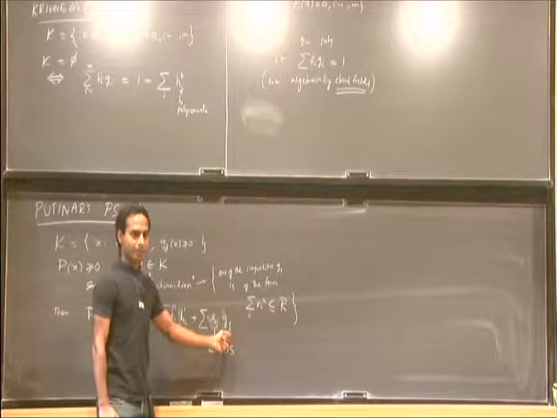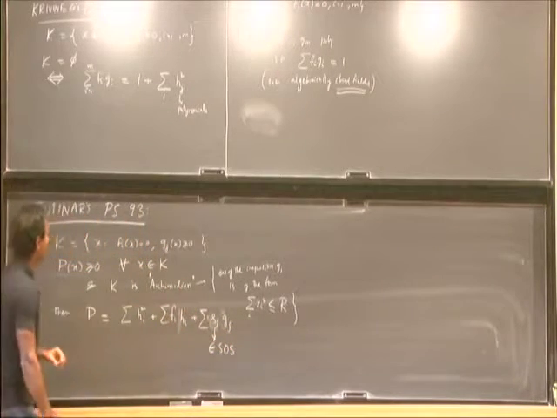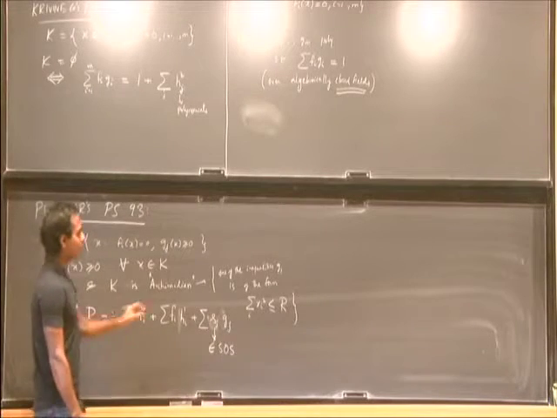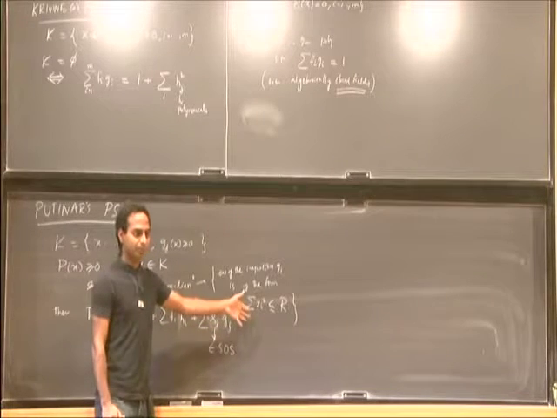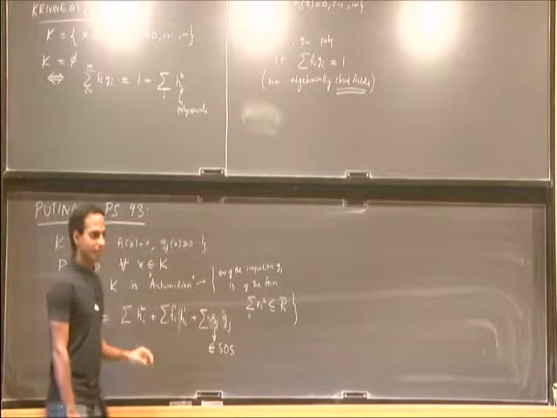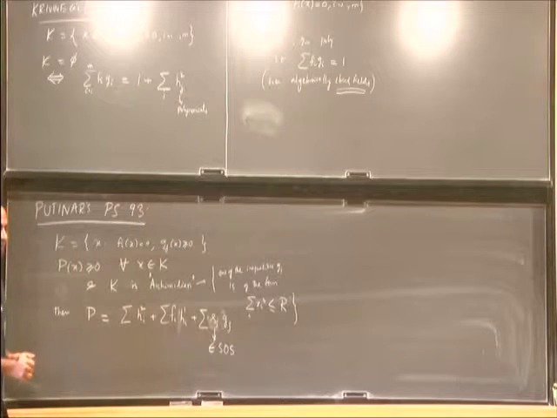Okay. So this is Putinar's Positivstellensatz, and if you don't have this Archimedean condition, you'll basically have to look at powers of Gj here. So there's a description even for that case.